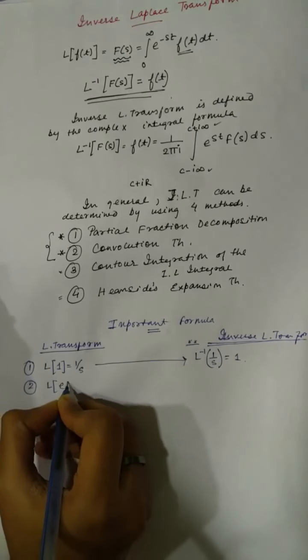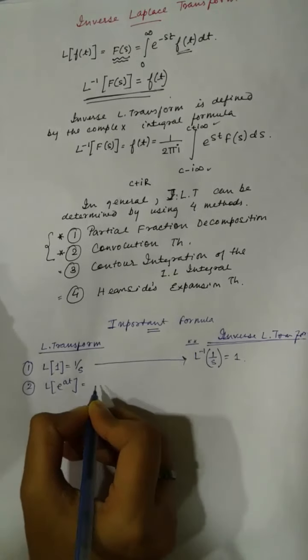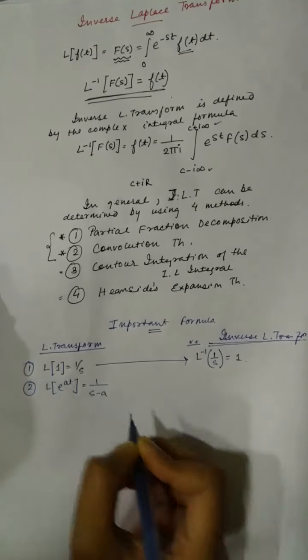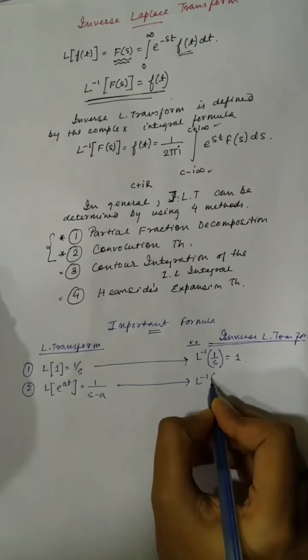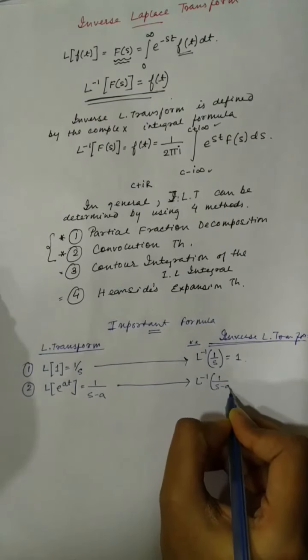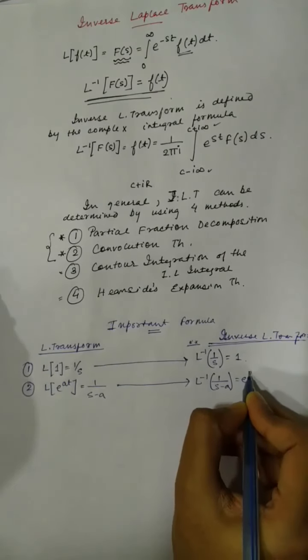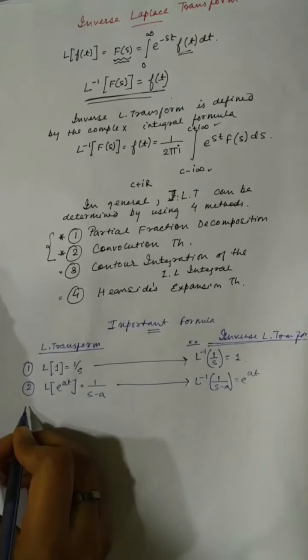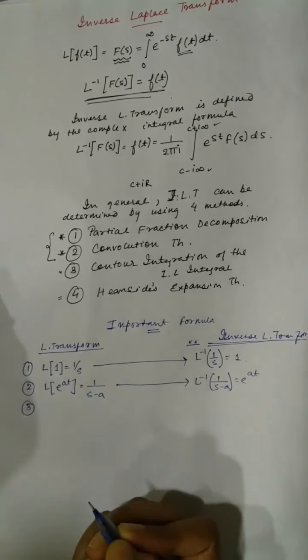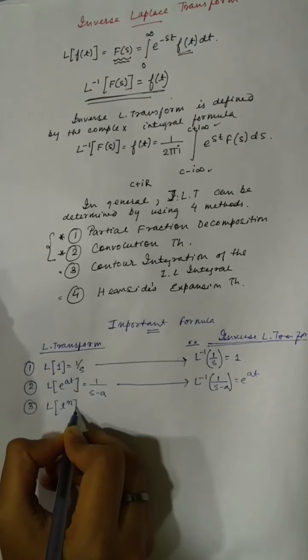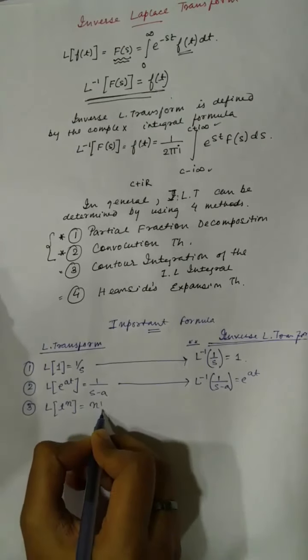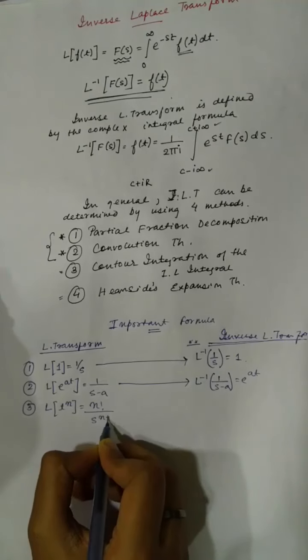Laplace transform of e to the power at is 1 by s minus a. This gives inverse Laplace transform of 1 by s minus a is equal to e to the power at, right? Third, Laplace transform of t to the power n is equal to factorial n by s to the power n plus 1.